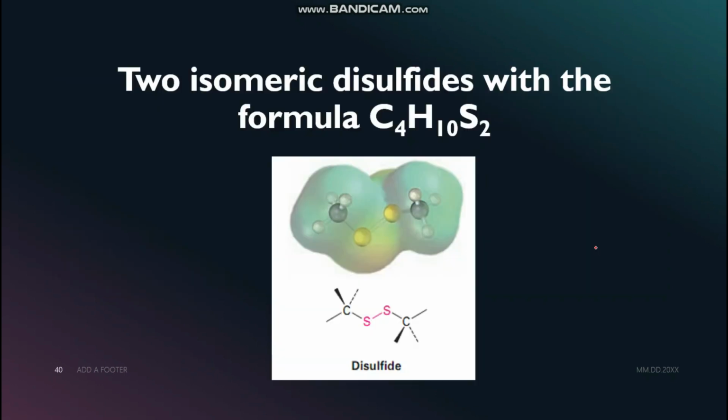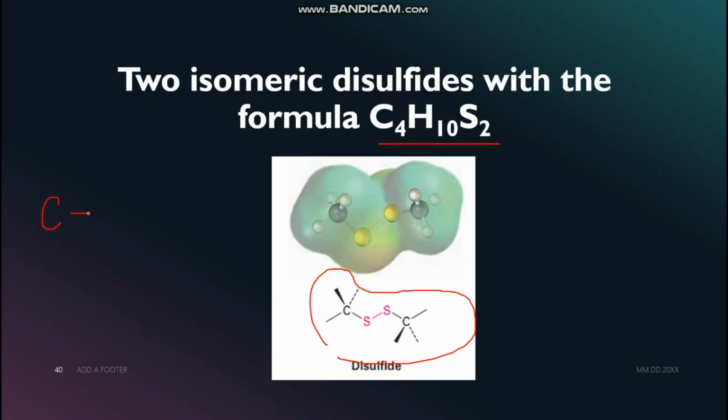So let's have this example. Let's draw two isomeric disulfides with the formula C4H10S2. So disulfide has this structure. So let's first try to draw the first isomer of these disulfides. So this is a propane disulfide.